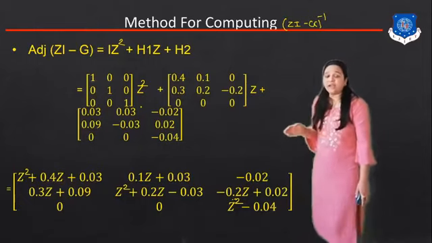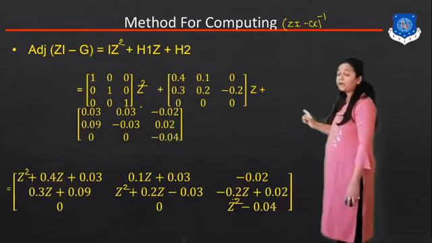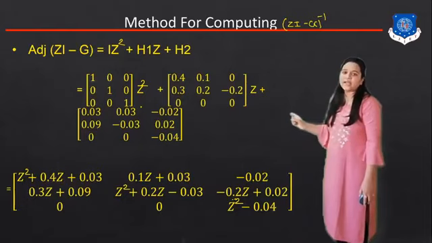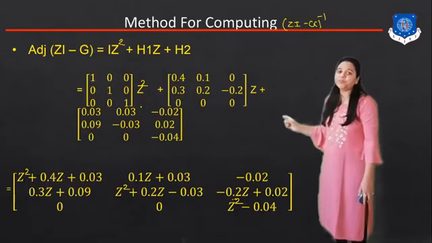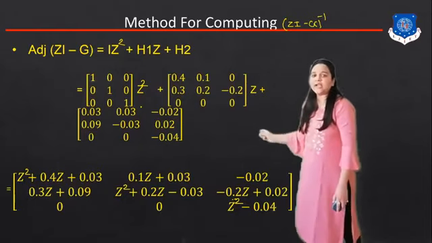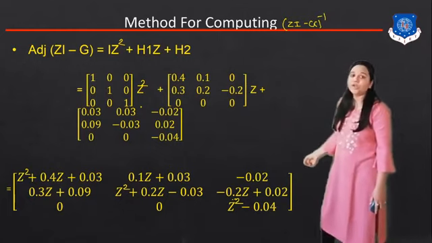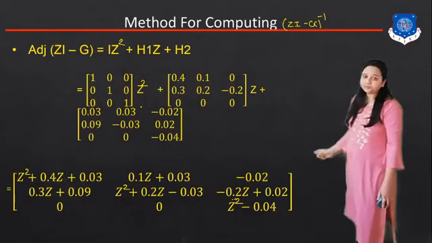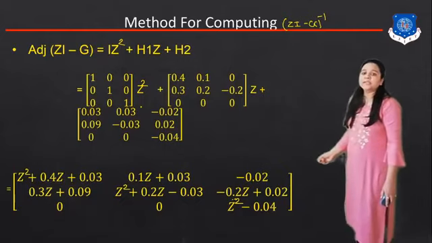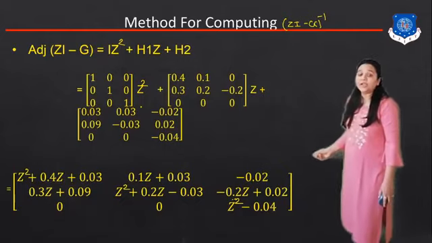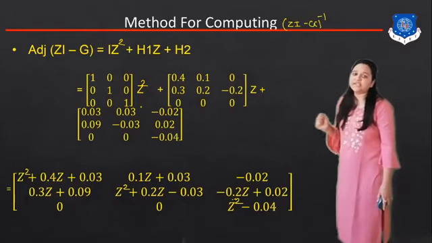So the final answer is Z square plus 0.4 Z plus 0.03, then 0.1 Z plus 0.03, and the last is minus 0.02. In the next row we get 0.3 Z plus 0.09, because the Z square term becomes 0.